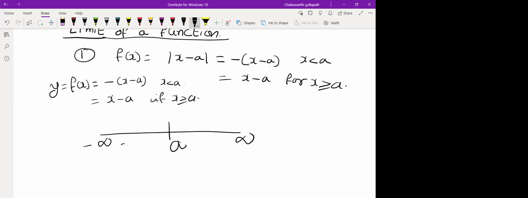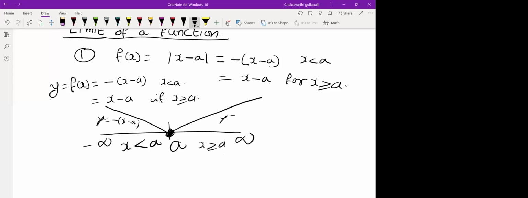To the left of a, where x is less than a, the graph will be like this. Greater than or equal to a means to the right side of a, it will be like this. A is the breakpoint. This will be the graph for minus x minus a, and this will be the graph for y equal to x minus a. Less than a it is one thing, greater than a it is another.